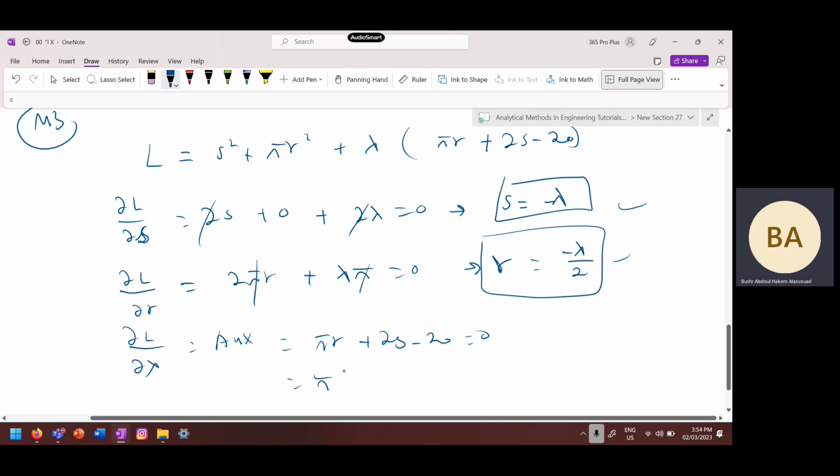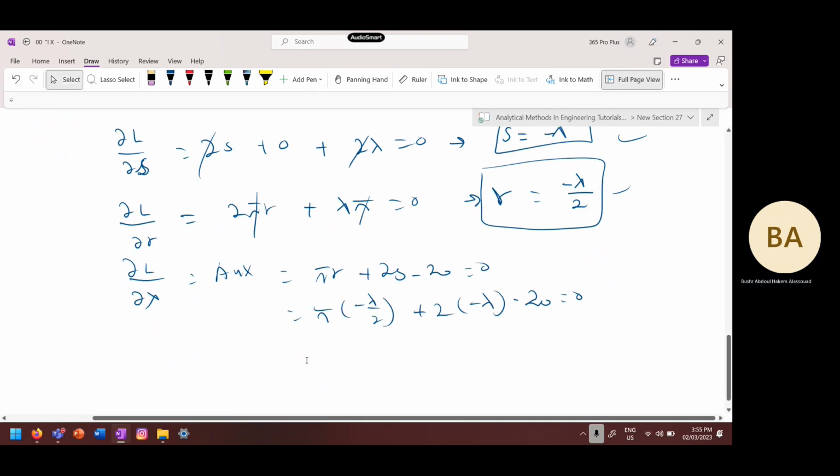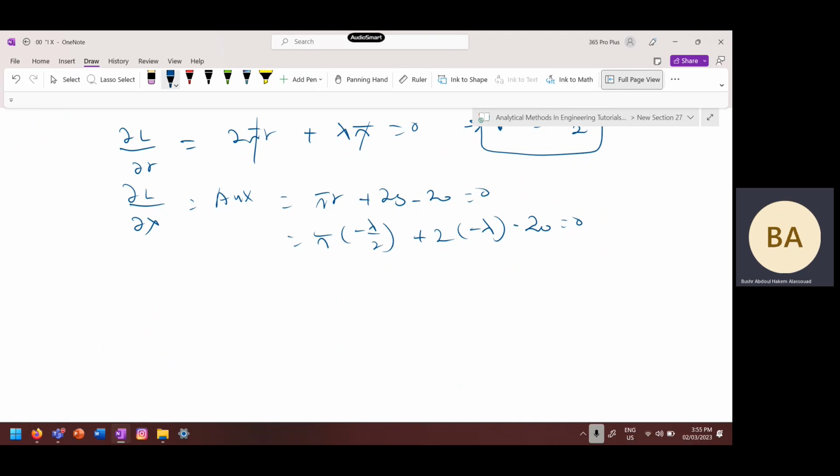So we'll have pi times negative lambda over 2 plus 2 times negative lambda plus 20 equal to 0. Simplify this, get rid of the 2. So you'll have negative pi lambda, negative 4 lambda, negative 40 equals 0.